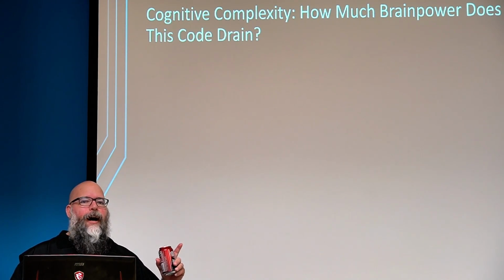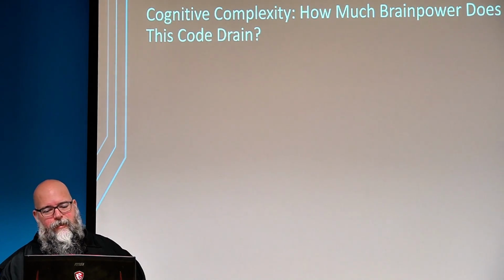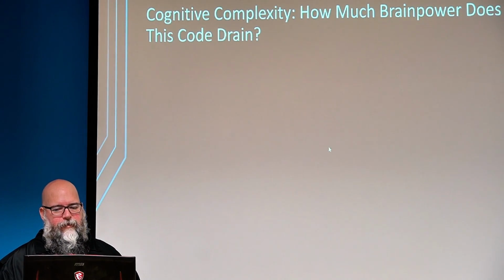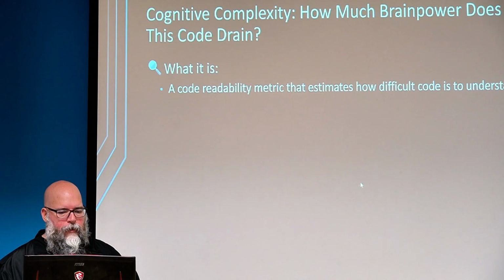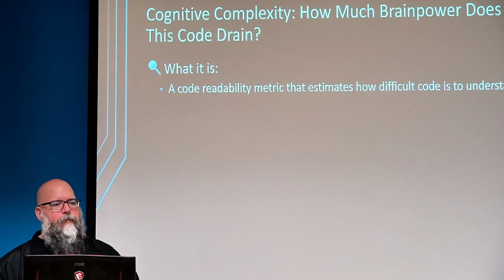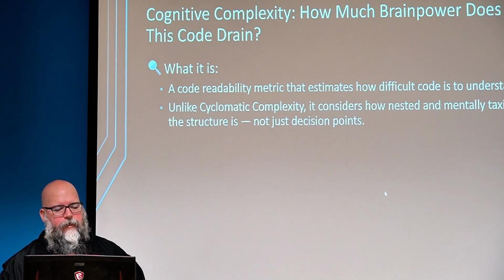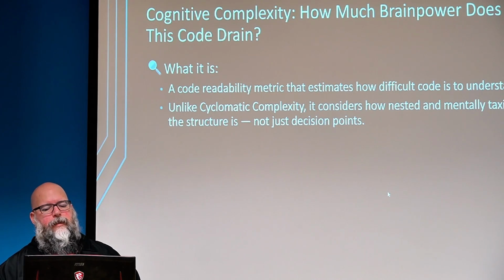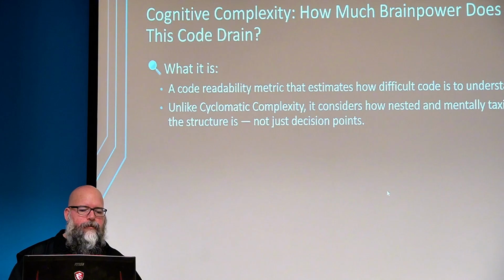That one has very high cognitive complexity, because that's going to require a lot of brain power. It's a code readability metric that estimates how difficult code is to understand. Unlike cyclomatic complexity, it considers how nested and mentally taxing the structure is.